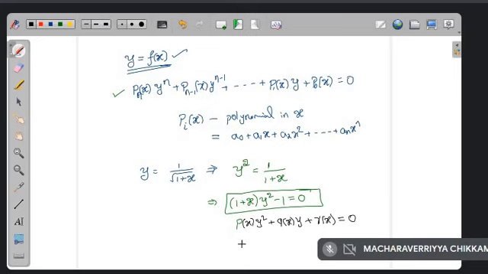If you ask me what p of x is here, p of x is 1 plus x, q of x is 0, and r of x is minus 1. So this is the polynomial in terms of y for which this function is a root. Therefore we can see that this function is an algebraic function.